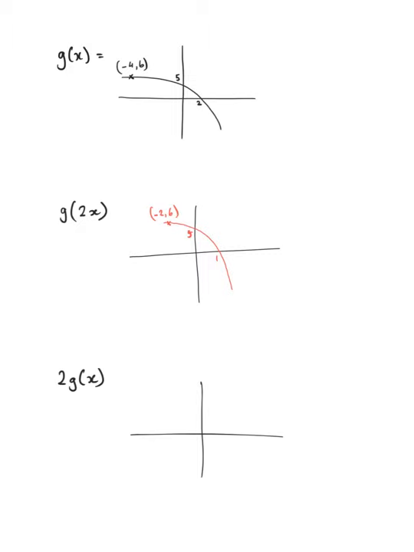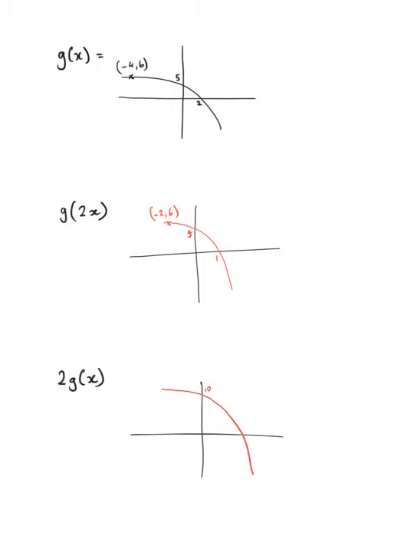When we've got 2 of g(x), everything's going to do as I expect on the y-axis, vertically. Now because it's doing what I expect, everything on the y-axis is going to double. So it's going to be that same general shape, but instead of going through 5, it's now going to go through 10, because everything on that y-axis has doubled.